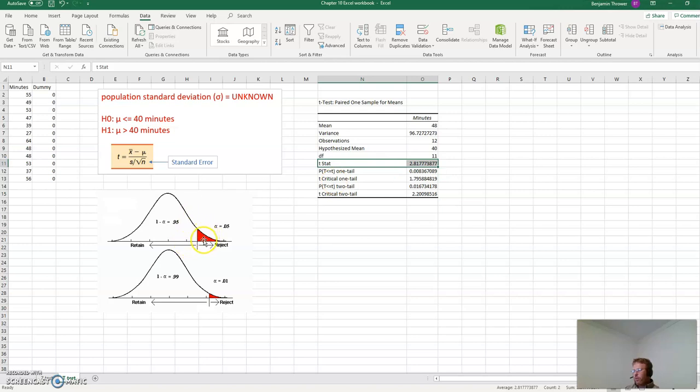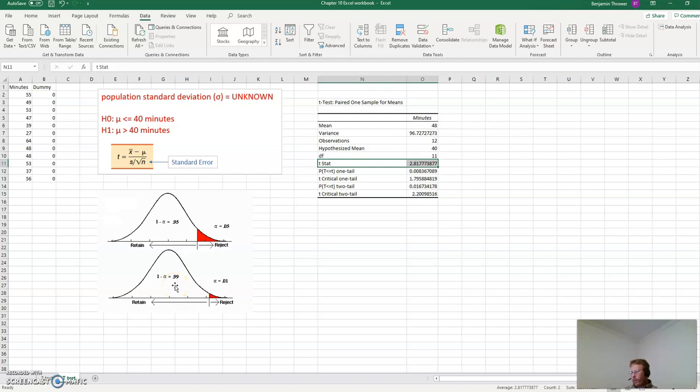So if it falls in here, we're going to reject the null hypothesis. We're going to say, actually, it is greater than 40. If it falls over in here in the 95% of the area, which is 1 minus our alpha, then we're going to say what? We can't reject that null hypothesis. We didn't prove the null hypothesis, but given this setup, we cannot reject the null hypothesis, okay?